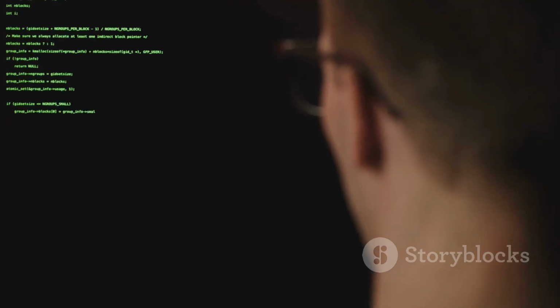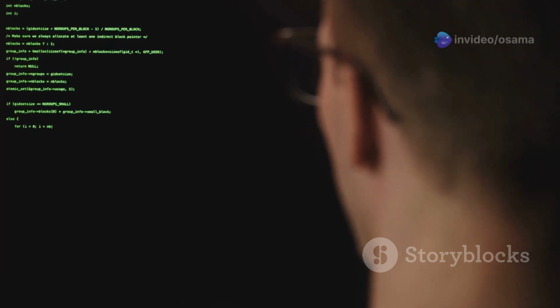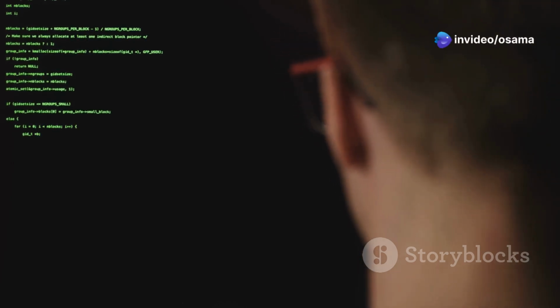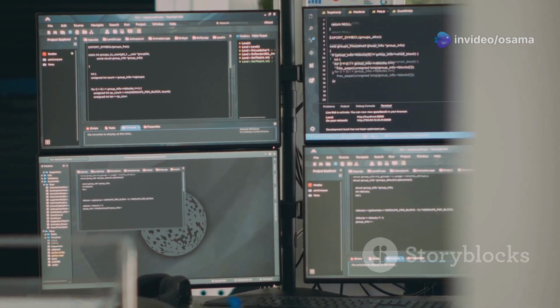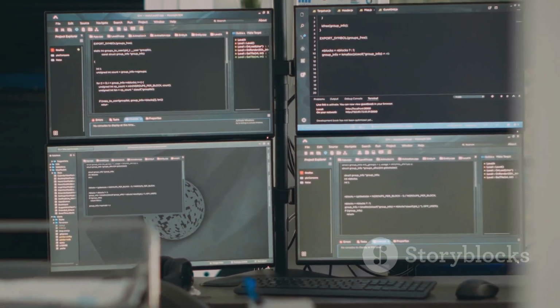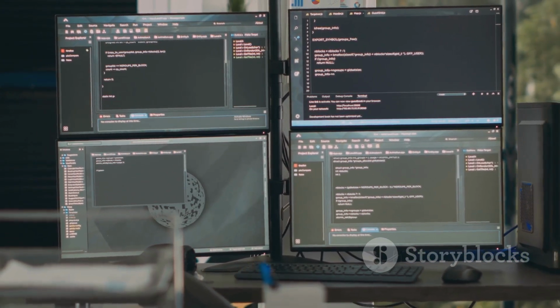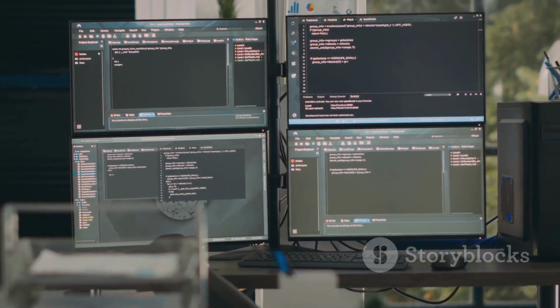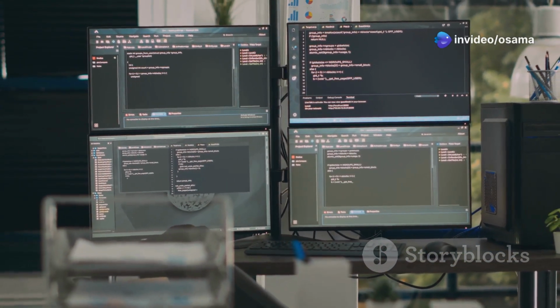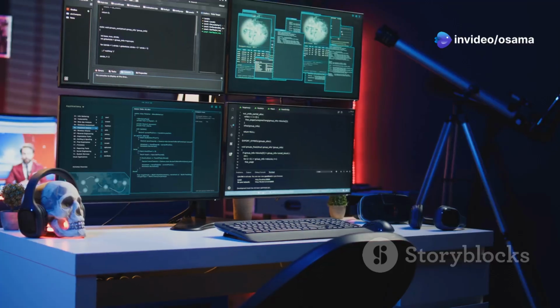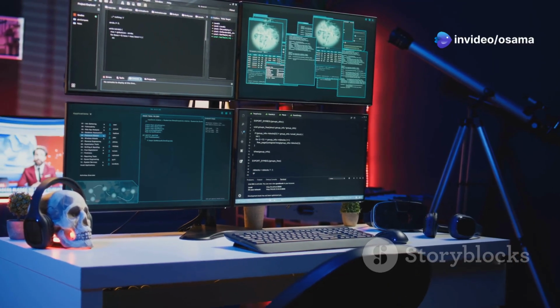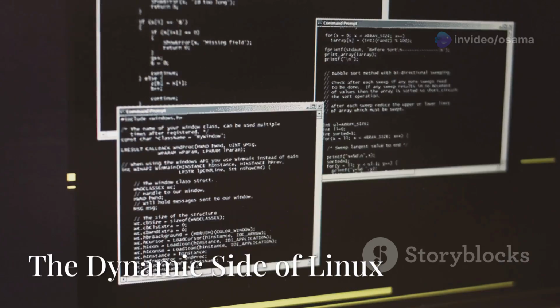Next up, we have /usr/sbin, which contains system binaries related to user-level system administration tasks. Last but not least, we have /usr/lib, which contains shared libraries used by the programs in /usr/bin and other user-installed applications. These libraries are essential for the proper functioning of many programs.